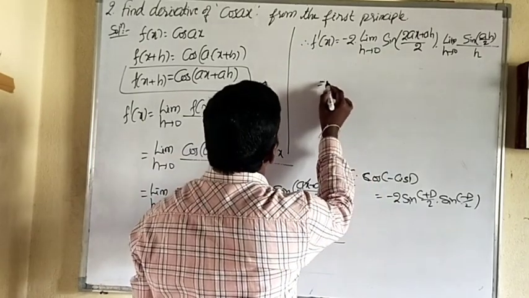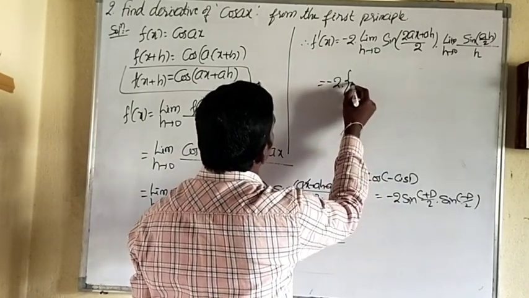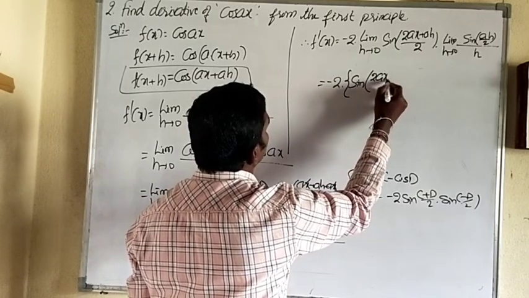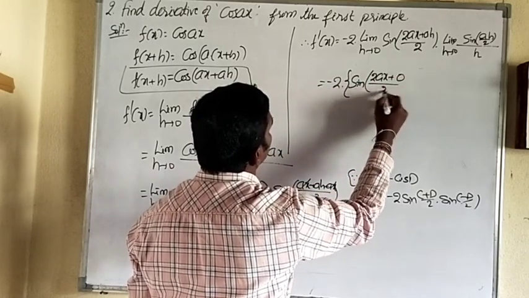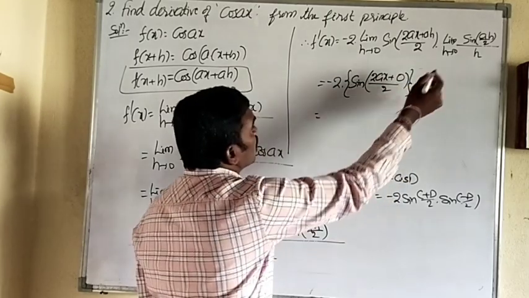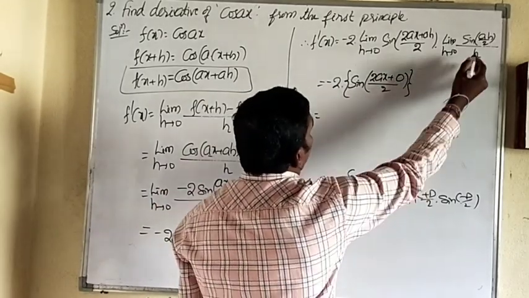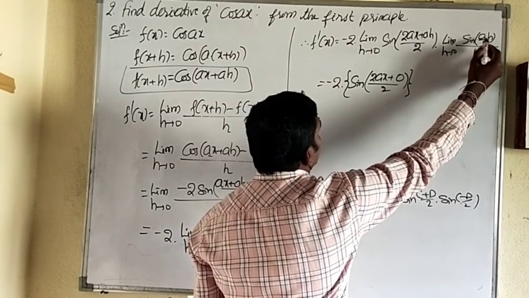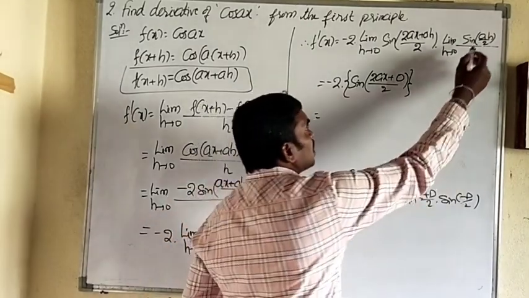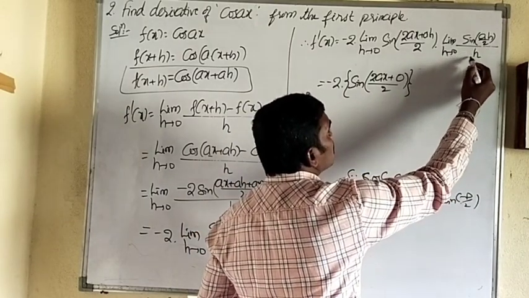So minus 2 into, substitute h value 0 in this function, 2ax plus a into 0, by 2, finish this one. And what about this? Here sine something h by h is there. What is something? a by 2. So here also a by 2 is needed.